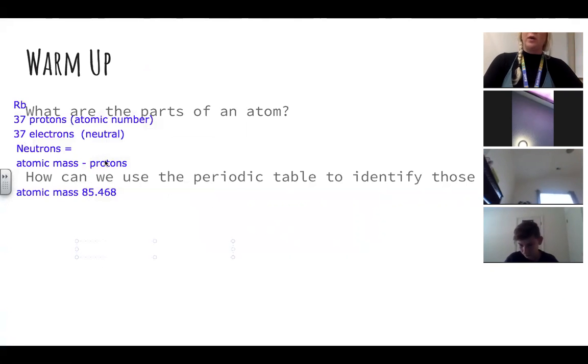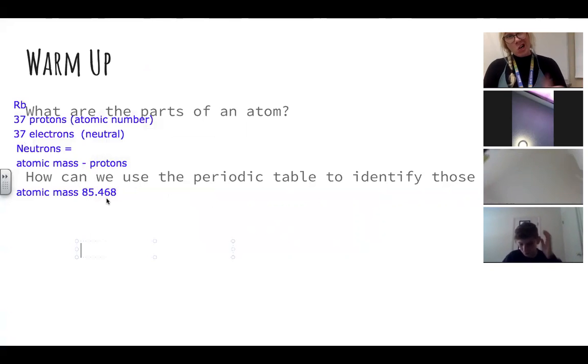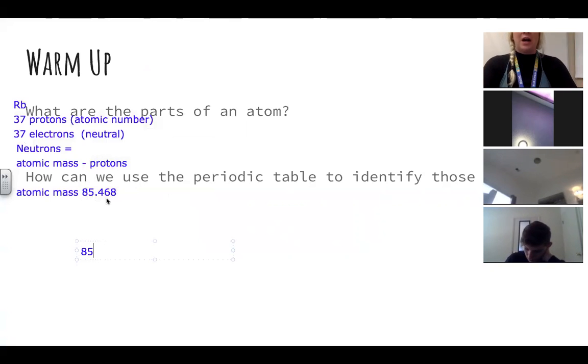So when we're doing this work, we actually round our atomic mass number. In this case, it's 85.468, right? So we're going to round this to 85 because we don't want to have part of a neutron, right? We'll also talk about why that number is a decimal like that in this lesson, actually. So we're going to say 85 is our total atomic mass minus how many protons?